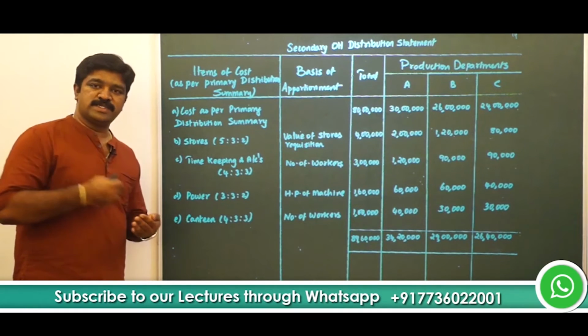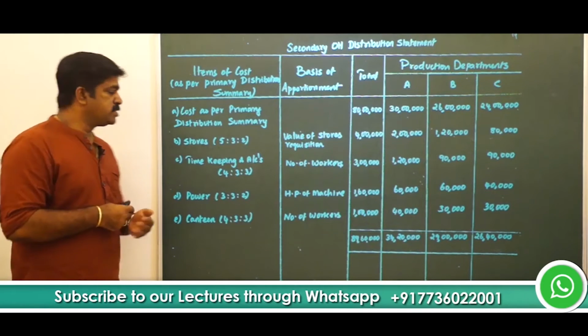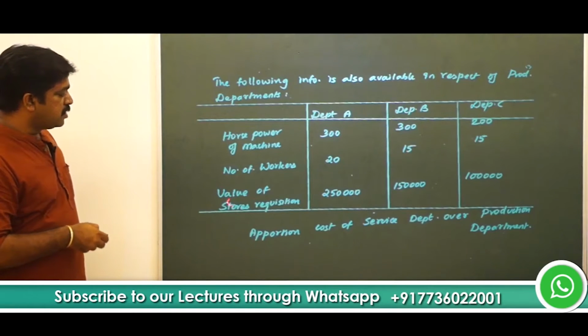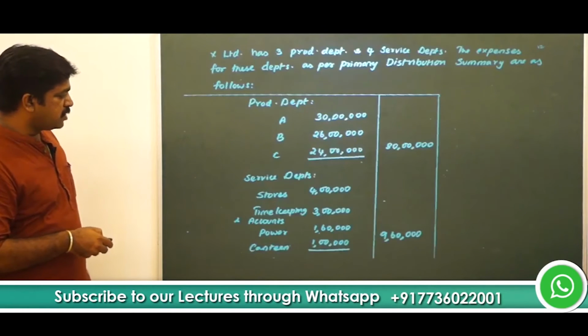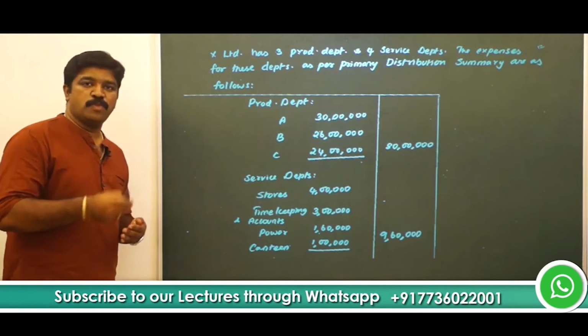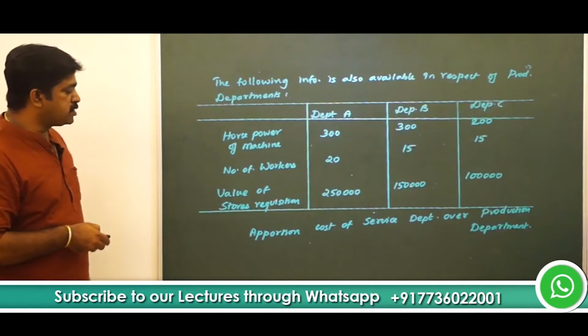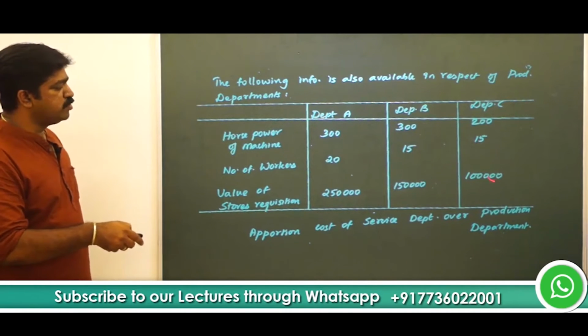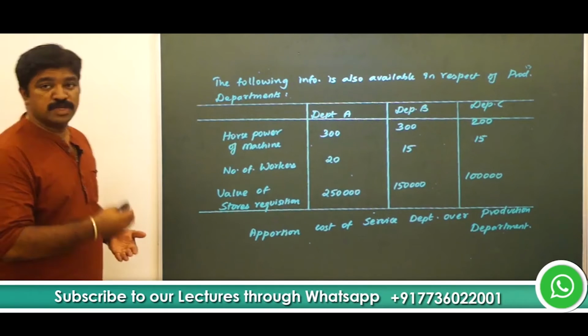Now let's take the respective service departments, going item by item. To start with, we'll take the stores. These stores 4 lakh have to be apportioned over 3 departments on the basis of the ratio 25:15:10, or 5:3:2.